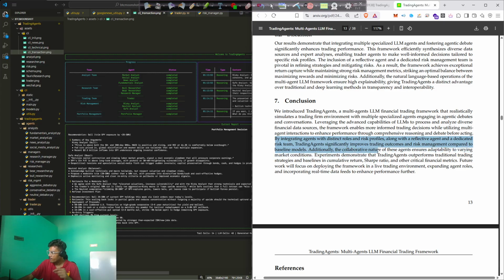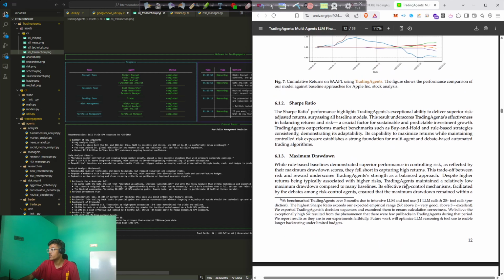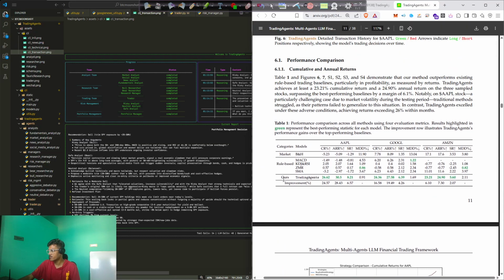Additionally, the collaborative nature of these agents ensures adaptability to varying market conditions. Experiments demonstrate that TradingAgents outperforms traditional trading strategies and baselines in cumulative return, Sharpe ratio, and other critical financial metrics, which we have already seen. See, it's outperforming every other metric.